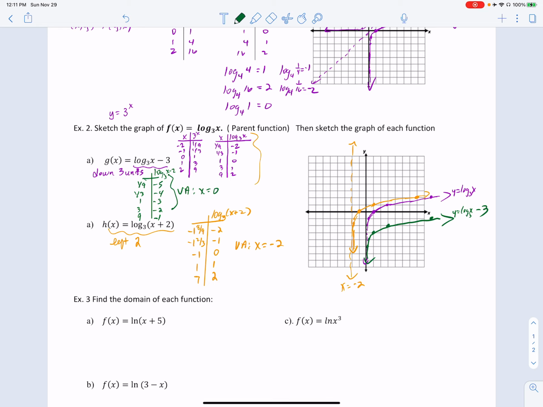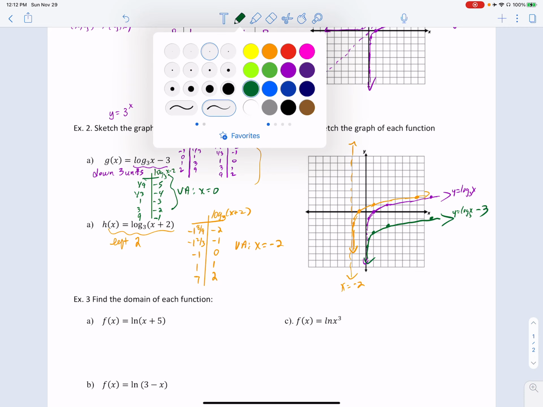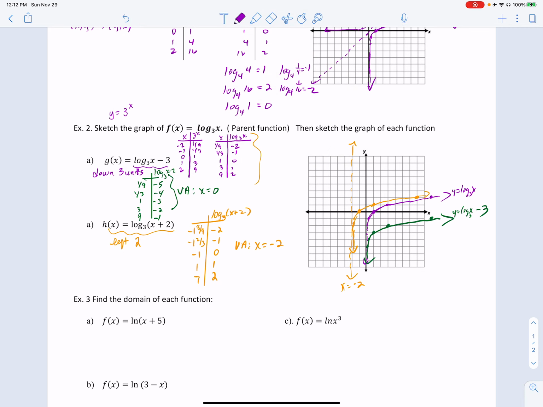There is no y-intercept. The x-intercept we're not going to worry about finding. It didn't come out in the graph. It's going to be further to the right. And then for this basic parent function, you have a vertical asymptote of x equals 0, and you have your x-intercept of (1, 0), or x equaling 1.